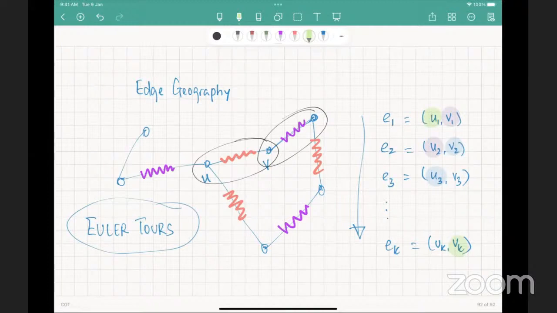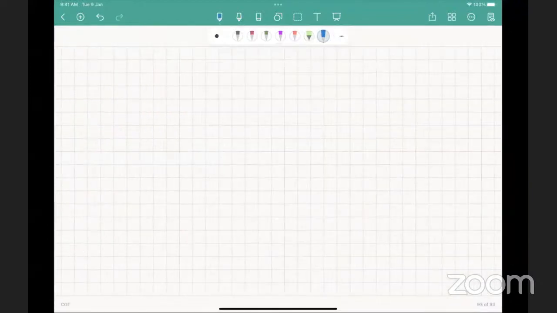You don't necessarily have to come back to where you started. And it turns out that the graphs where such walks exist are graphs where almost every vertex has even degree. So what you want is vertices to have an even number of edges incident on them.